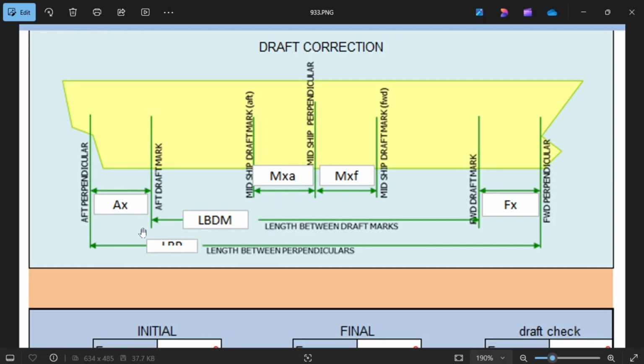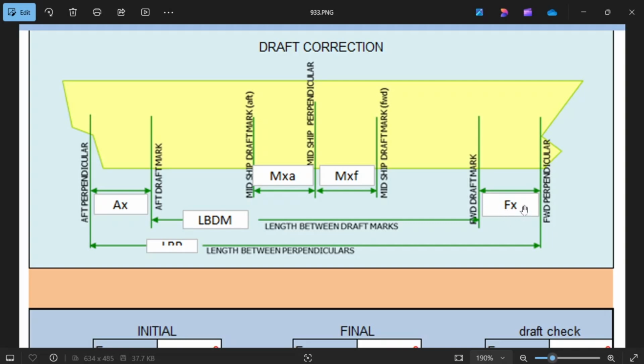Okay, so there is a distance between your forward draft and your forward perpendicular. This distance is what you call the forward correction. Okay, forward correction. Forward correction is used when you're doing a draft survey calculation.